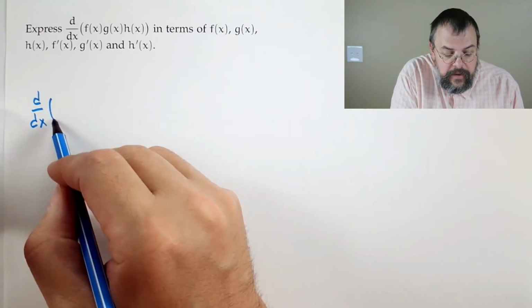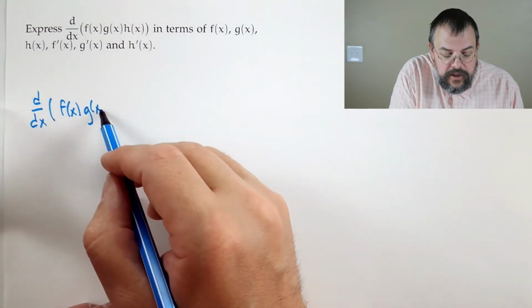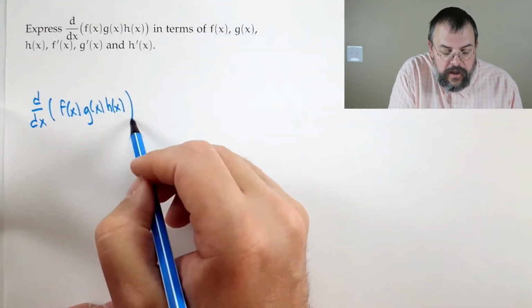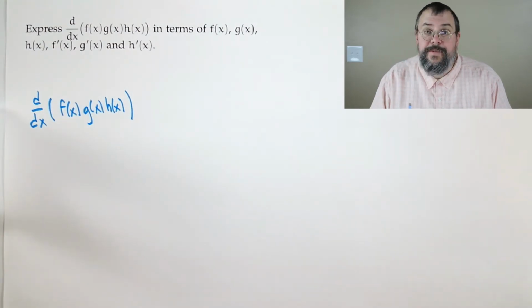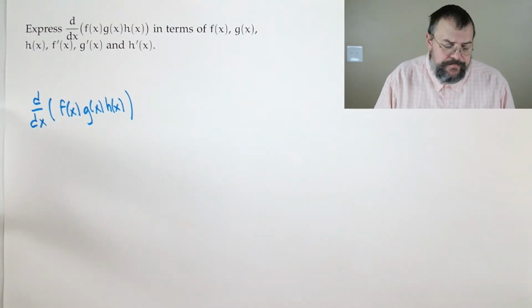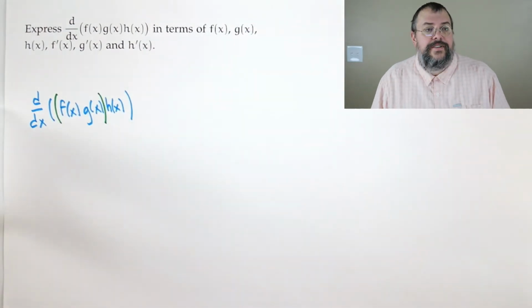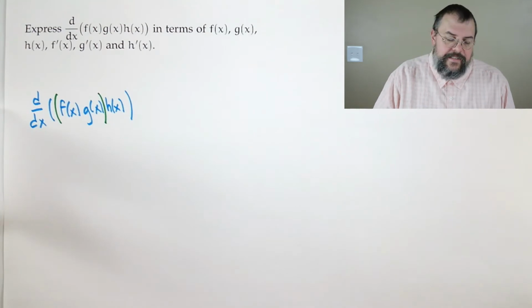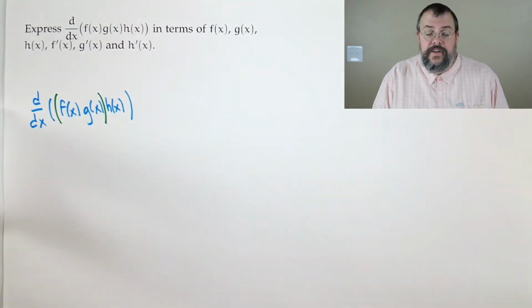I'm going to take this product of 3 things, and I'm really going to think of it in the following sense. I'm going to group 2 of them together. Doesn't matter which 2. So let's say I'm going to group those 2 together. So now it's like, aha, I have one piece which is called f times g and another piece which is called h.